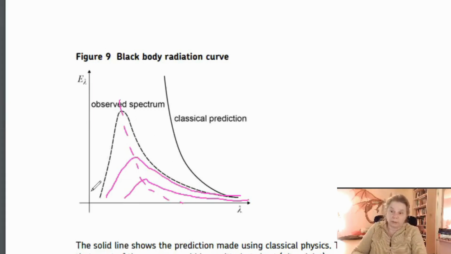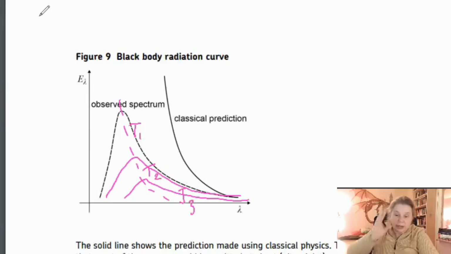So shorter wavelengths, higher frequencies, at higher temperatures. So T1 is higher than T2, which is higher than T3, and so on. Now, the dotted line and the pink ones that I've drawn are the observed black body radiation for different temperature sources. The solid line is this classical prediction, and you can see that they don't tally at all.